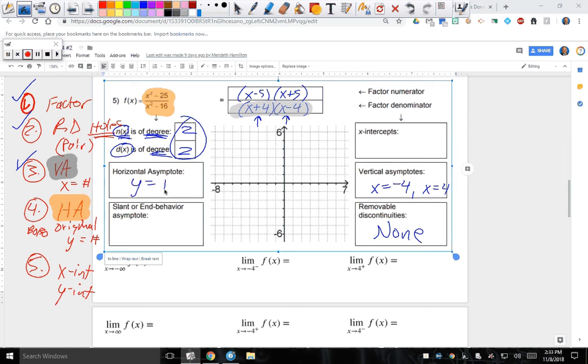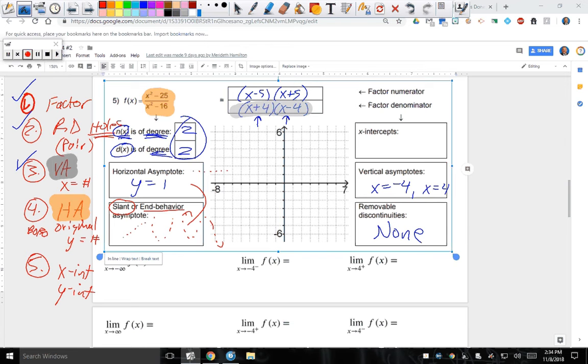Now listen. You will either have a horizontal asymptote or a slant asymptote or an end-behavior asymptote. An end-behavior asymptote is, if it's x squared, it'll be a curve that looks like this. If it's x cubed, it'll be not a line, but a graph that looks like this. You with me? End behavior means quadratic and up.